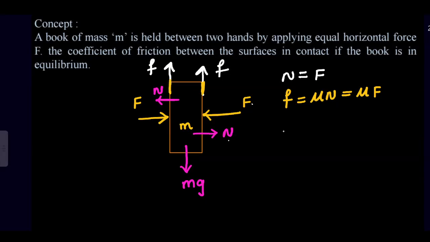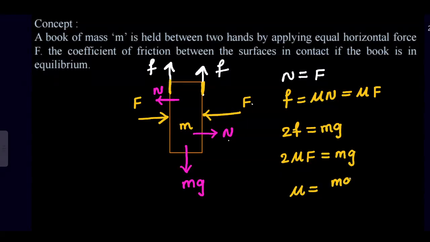The upward force is 2f, which is equal to mg. So 2 into mu into F is equal to mg. From this we get the coefficient of friction, mu equals mg by 2F.